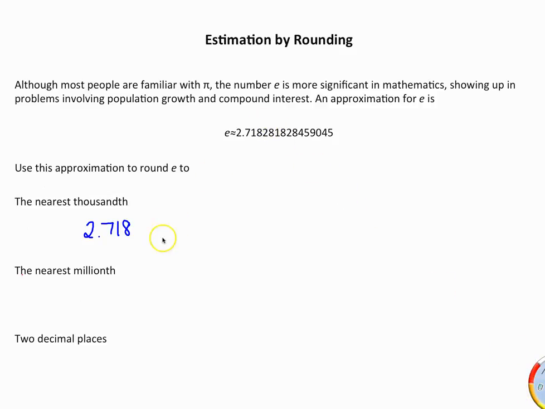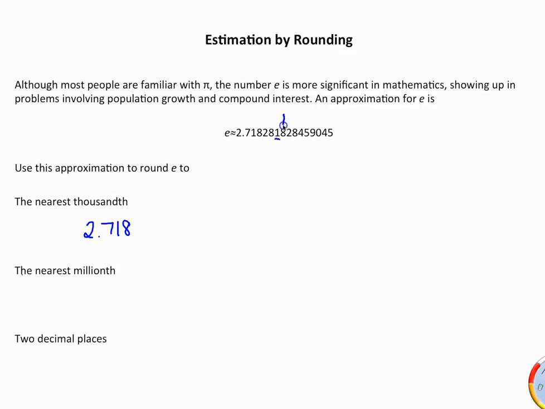Then it asks me to round to the nearest millionth. Again, pay attention to that th indicating the decimal millionths. So I've got to find that place. Tenths, hundredths, thousandths, ten-thousandths, hundred-thousandths, millionths. The 1 is in the millionths place.